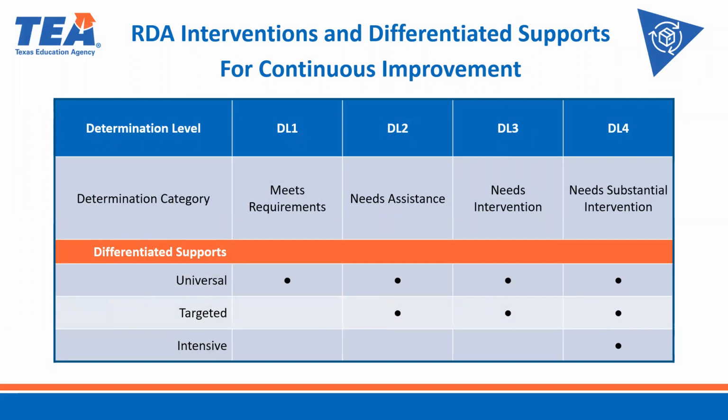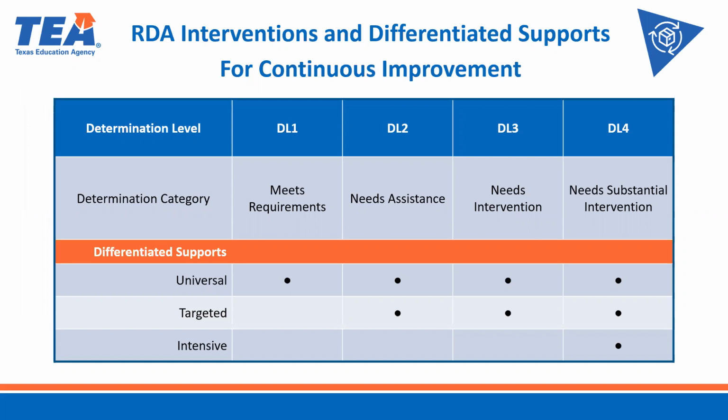The requirements of IDEA related to the development of the State Performance Plan, or SPP, and the accompanying Annual Performance Report, or APR, complement the TEA's efforts to build a system of general supervision. This system achieves continuous improvement through data-driven, evidence-based efforts inclusive of stakeholder needs and input.